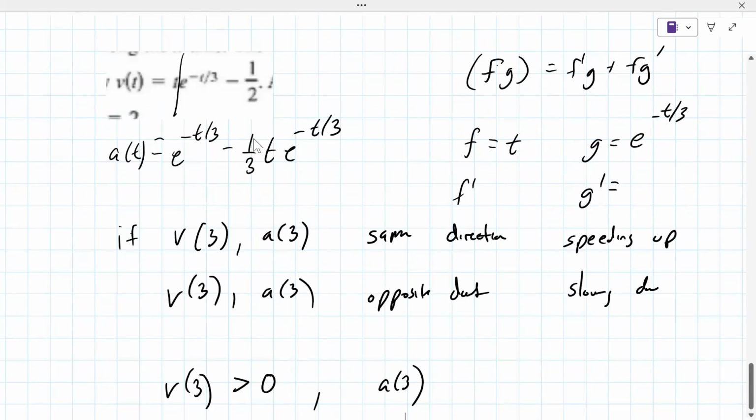So it's neither. If the acceleration is 0, let me go ahead and look at the graph one more time. Let me go out to 4. Yeah, so it actually does have a horizontal tangent there, so it's neither.